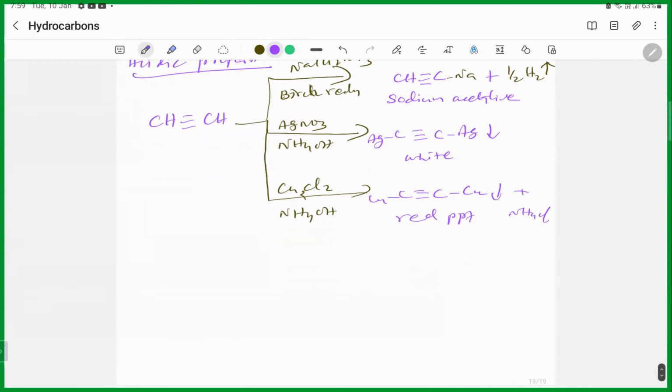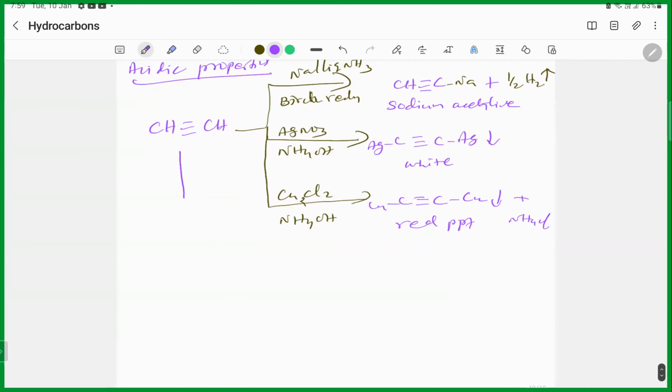Then it will react with RMgX. It will give RH plus CH triple bond C MgX.